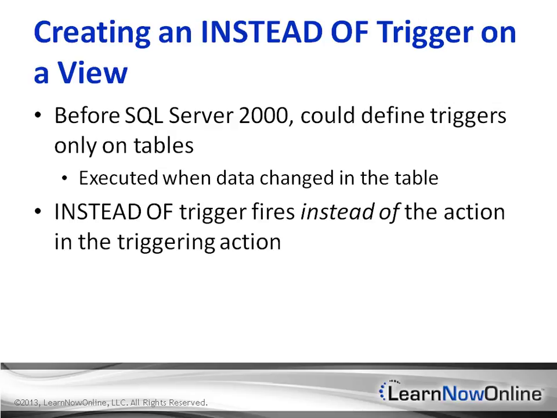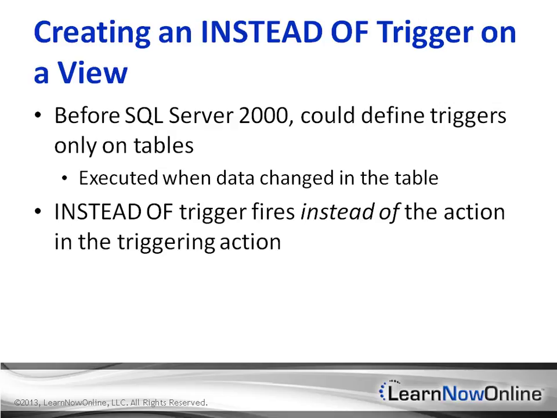And you can define code that completely supplants, replaces the specified action on the table. When I first encountered instead of triggers, I was really leery. I was already concerned about the hidden nature of triggers. But with instead of triggers, I would execute a line of code against a table, and that code wouldn't be executed at all. Instead, the instead of trigger would execute, and that's kind of hidden.